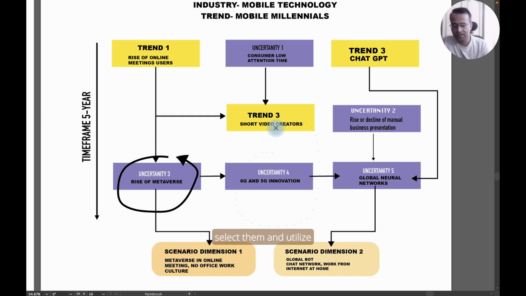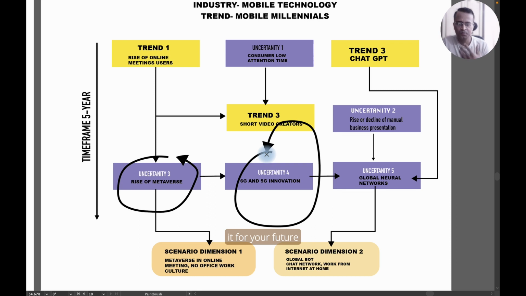Just select them and utilize them for your future scenario theme building. Also, if you do not want to do that, just use scenario dimension 1 and scenario dimension 2 as your initial construction of the scenario theme. So this is how you can start working on your scenario theme. Now let's move into our next step.